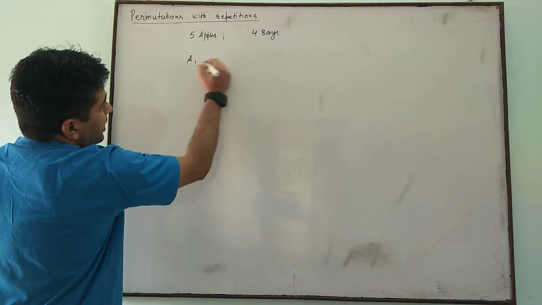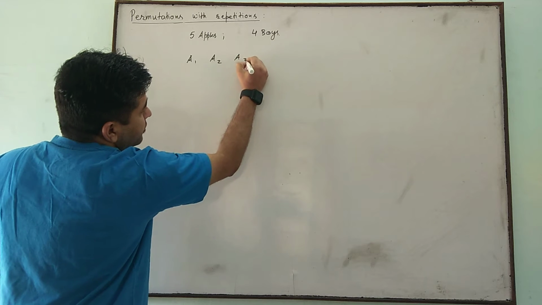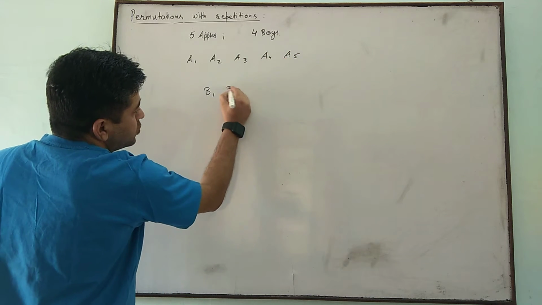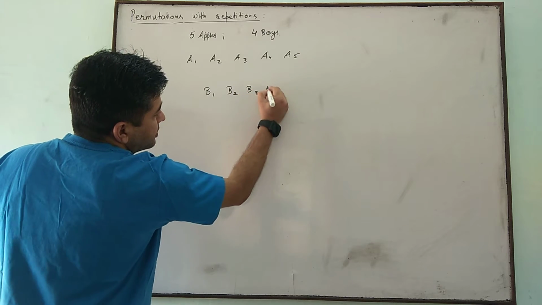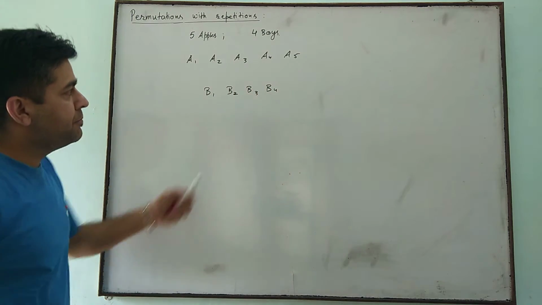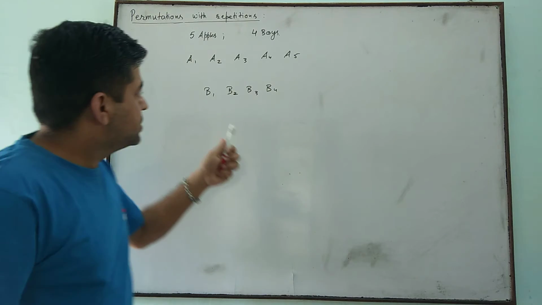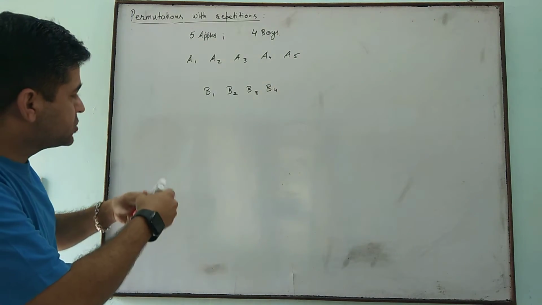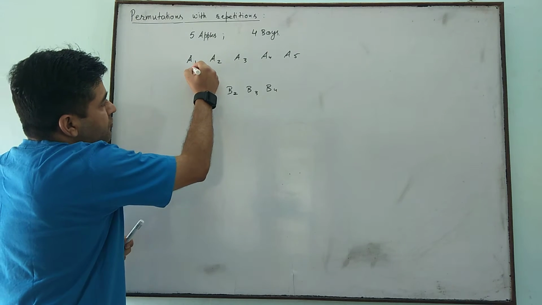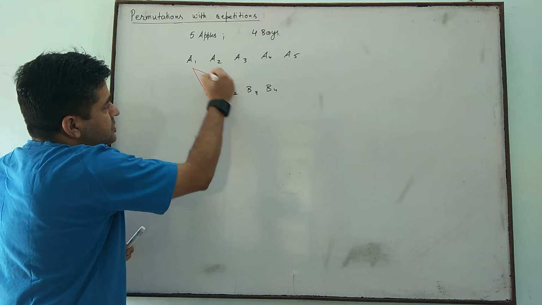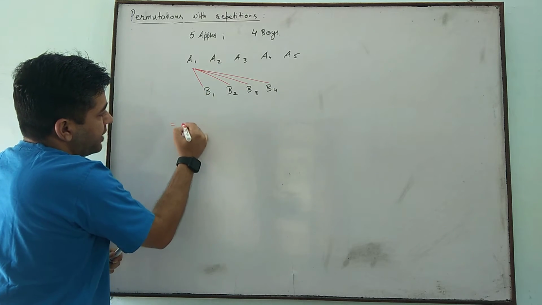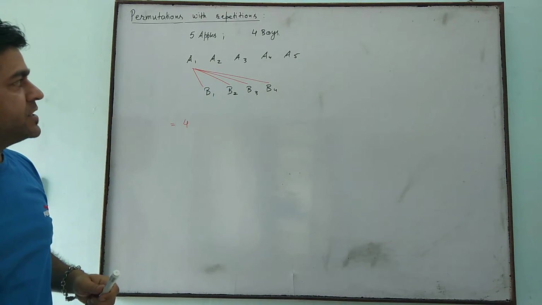Then apple 1, 2, 3, 4, 5, and there is no such restriction that a boy may not get more than 1 apple. So apple 1 can be distributed in 4 ways.